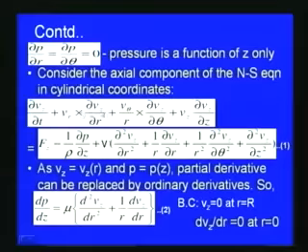The axial component can be written as del V z by del t plus V r into del V z by del r plus V theta by r into del V z by del theta plus V z into del V z by del z is equal to F z minus 1 by rho del P by del z plus nu, the kinematic viscosity, into del square V z by del r square plus 1 by r into del V z by del r plus 1 by r square into del square V z by del theta square plus del square V z by del z square, where F z is the body force component for the problem considered.